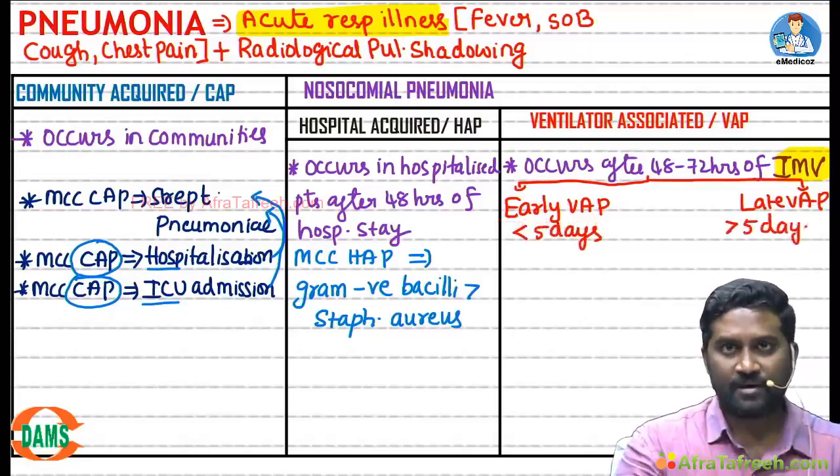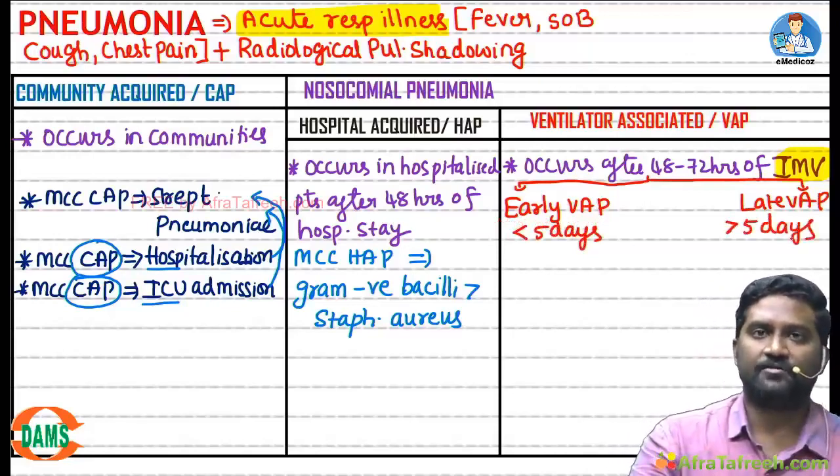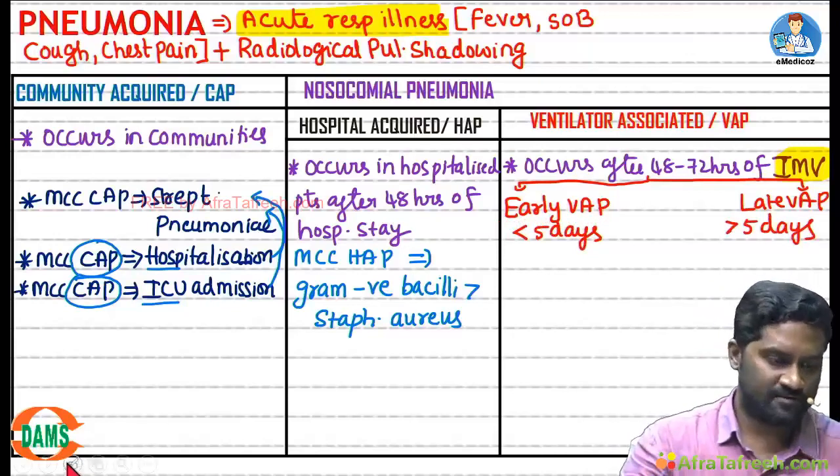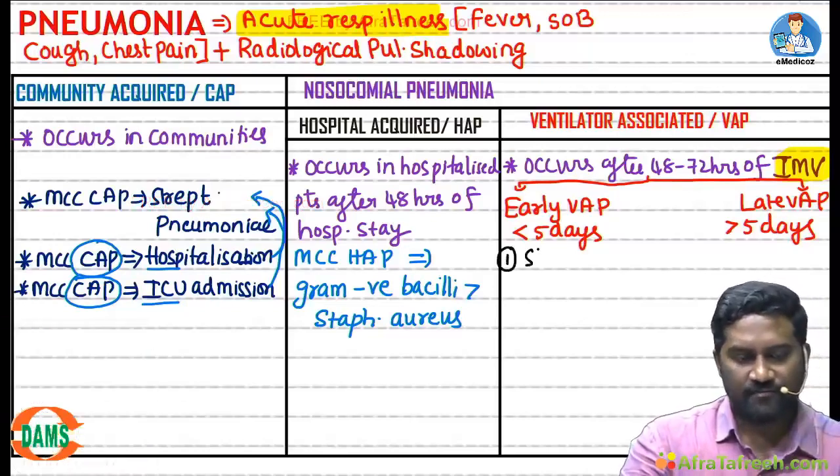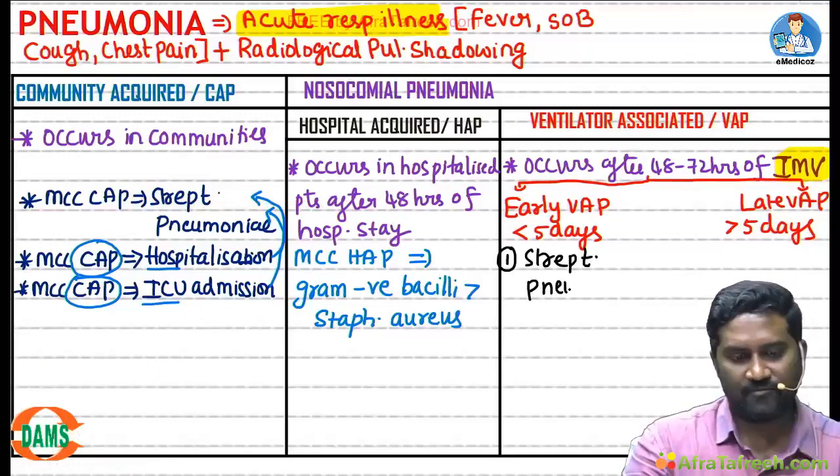Late VAP happens more than 5 days of invasive mechanical ventilation. For early VAP, the organisms, we have Streptococcus pneumoniae. Early VAP, most common is Streptococcus pneumoniae. And next important is Haemophilus influenzae.